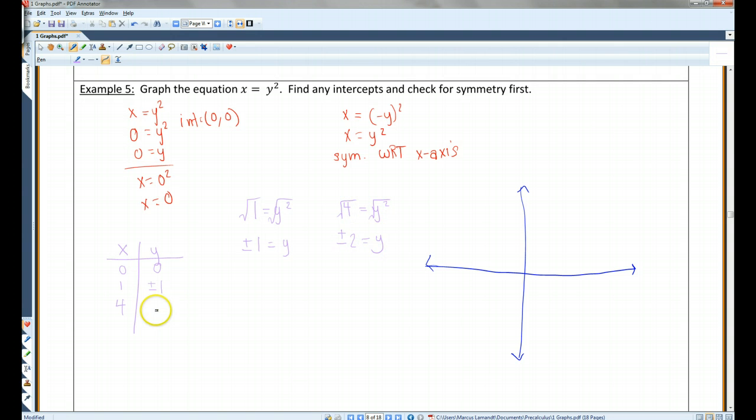Y equals positive or negative 2. So we actually have 5 points here. We have the point 0, 0, 1 positive 1, 1 -1, and 4, positive 2, and 4, -2. So the graph looks something like this.